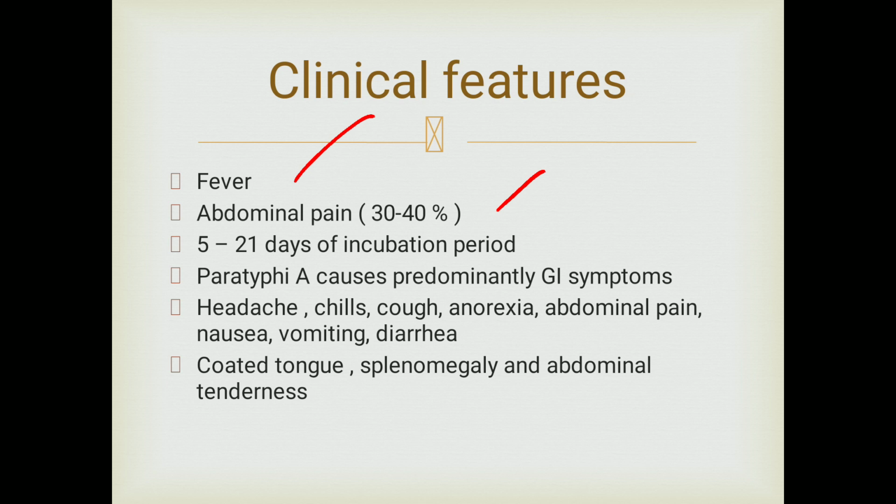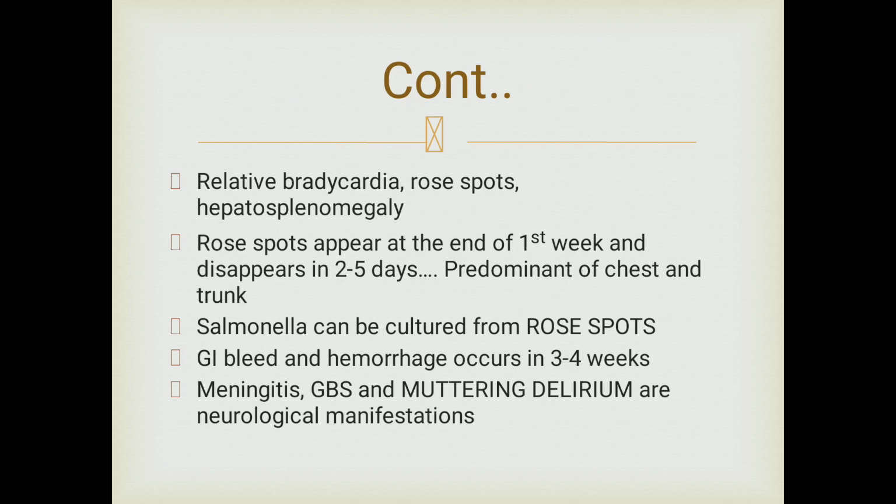Physical findings include a coated tongue, splenomegaly, abdominal tenderness, relative bradycardia, rose spots in case of fair-skinned individuals, and hepatosplenomegaly. The rose spots appear at the end of the first week and disappear within 2 to 5 weeks. The importance of these rose spots is that they are predominantly seen over the chest and trunk, and salmonella can be cultured from these rose spots.